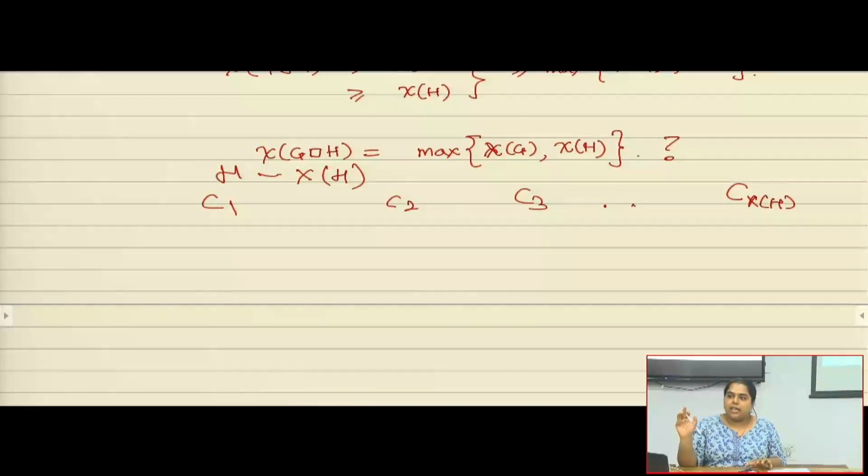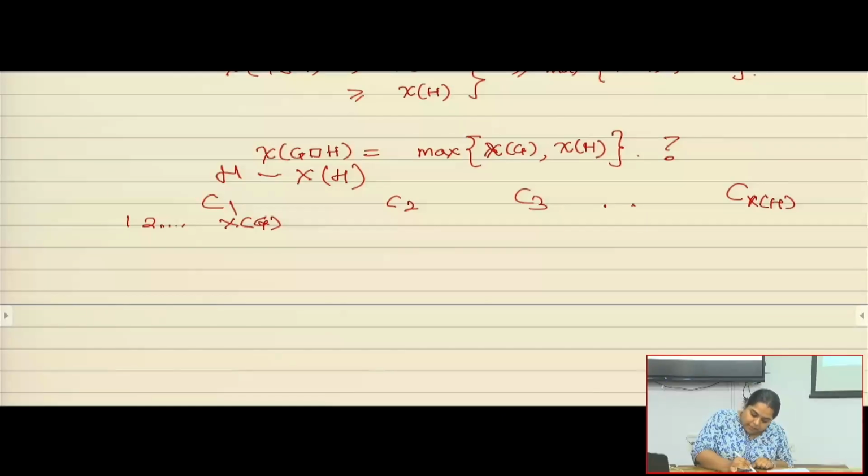Corresponding to each color class of H, I will give a particular coloring of G. All the copies of G are connected such that only corresponding vertices are connected. So for the C1 class, I will give the colors from 1 up to chi G. Now the vertex which is given color 1 in C1, the corresponding vertex in C2 will be adjacent.